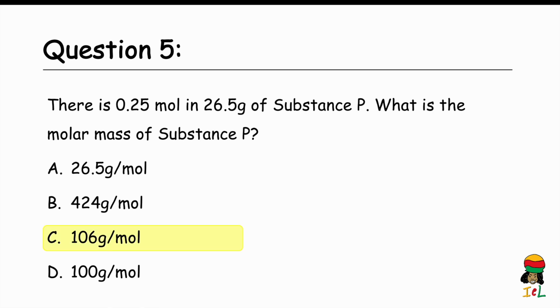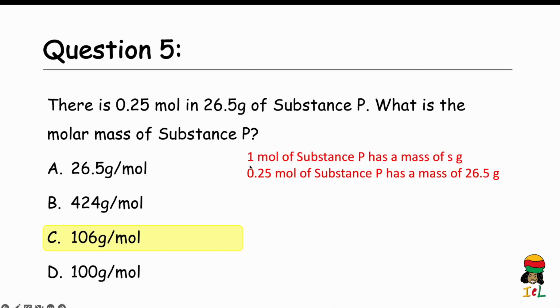The answer is C, 106 grams per mole. So let's see what the proportion statements would look like. We want to find what is the mass in 1 mole of substance P. Therefore, 1 mole of substance P would have an unknown amount in grams, and we call that unknown S in this instance. But we also know that 0.25 mole of substance P has a mass of 26.5 grams. So we set up our ratios, mole over mole, grams over grams.